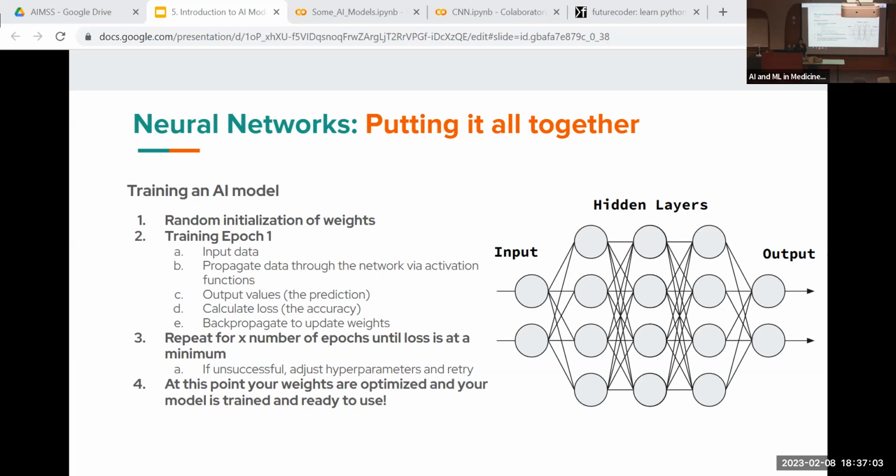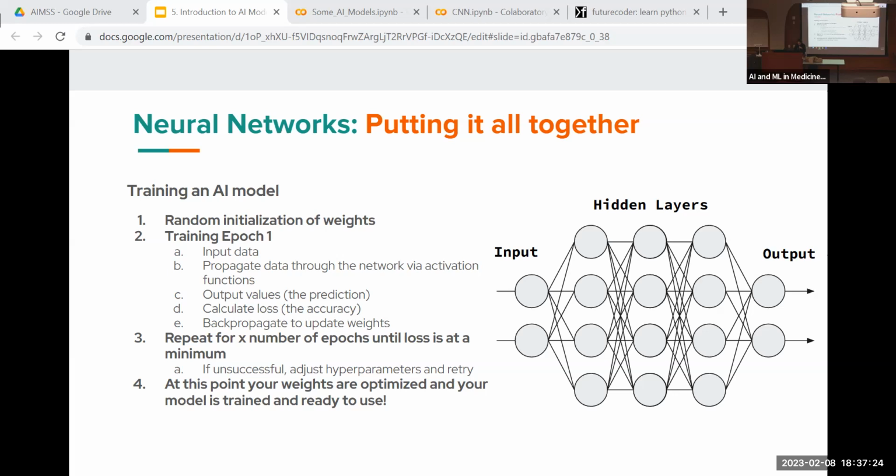Based on that, we can perform backpropagation to update the weights, so that we can get to better weights that can improve our model. We continue this process until we're at a good place where we don't need to change anymore.